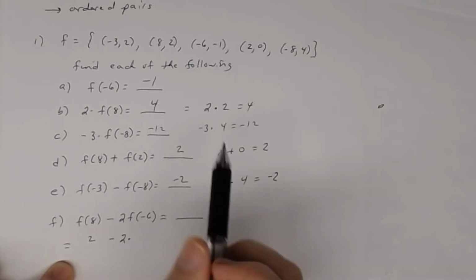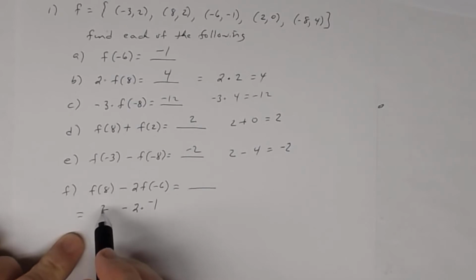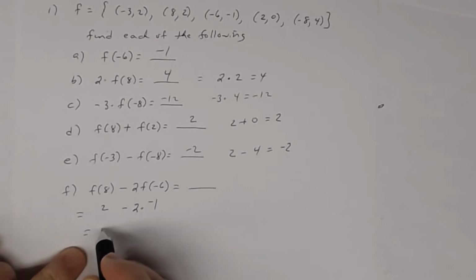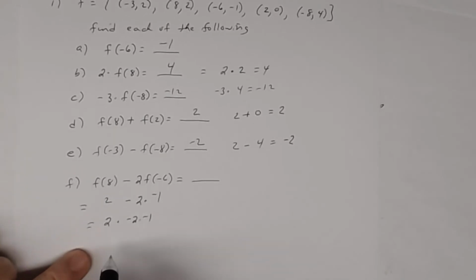The y value is negative 1. Now be careful here. As you read it, this says 2 subtract 2 times negative 1, which means the same thing as 2 plus the opposite of 2 times negative 1. So this means the same thing as 2 plus negative 2 times negative 1.